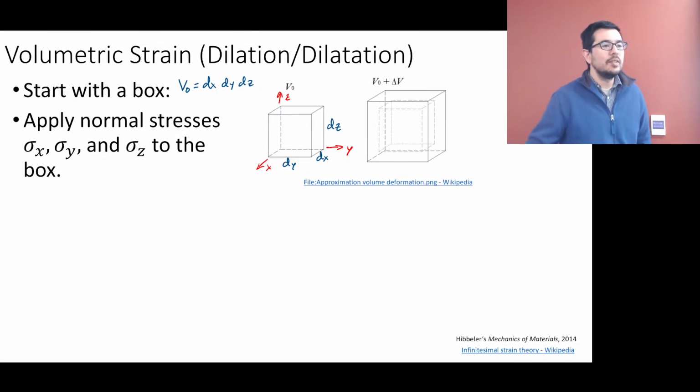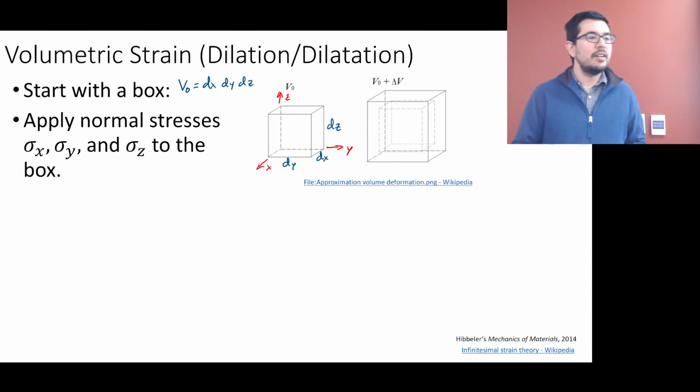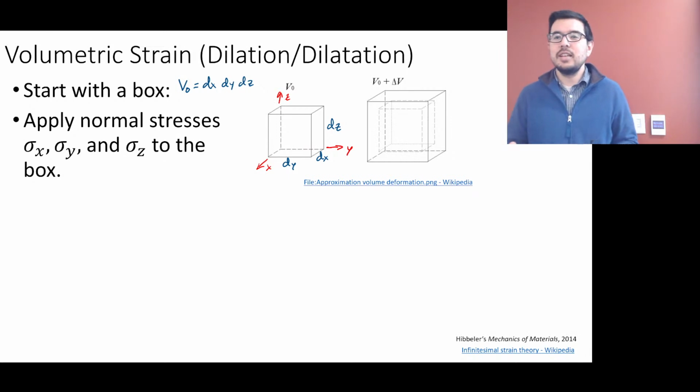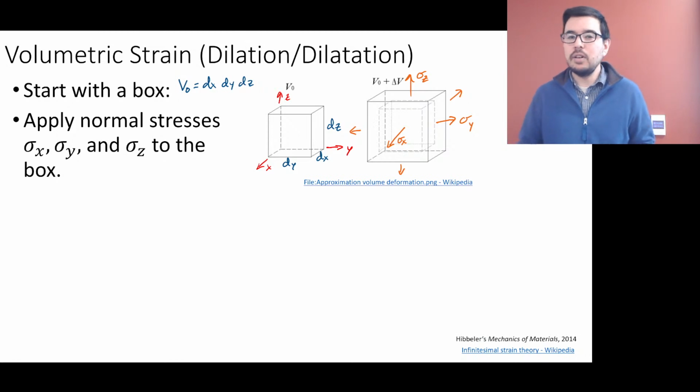I think this is going to be our last session for a little while where we talk about stresses without mentioning shear stresses. So these are sigma x, sigma y, sigma z, and we can apply them like you see here. When we do that, the box can change its volume.